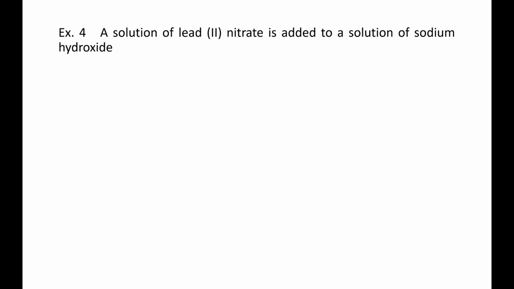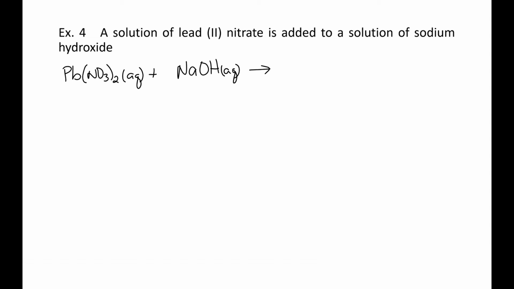The last one, at least on this video. A solution of lead 2 nitrate is added to a solution of sodium hydroxide. So lead 2 nitrate, Pb(NO3)2 aqueous plus sodium hydroxide aqueous. Now, the lead and the sodium change spots.